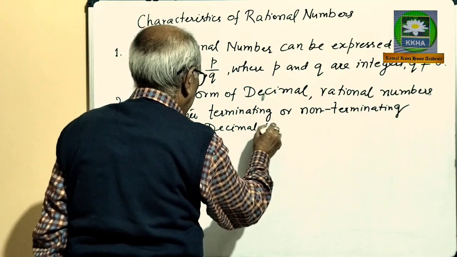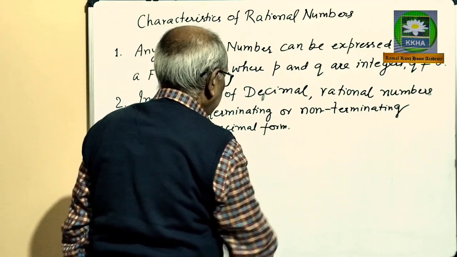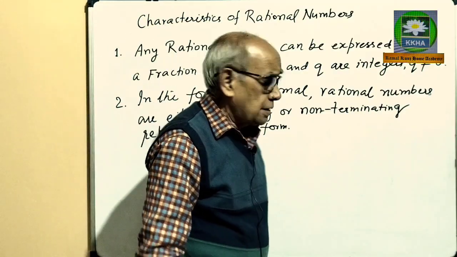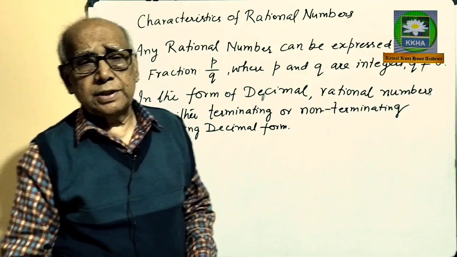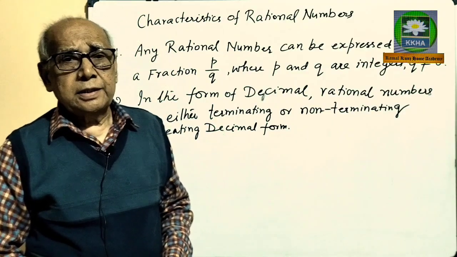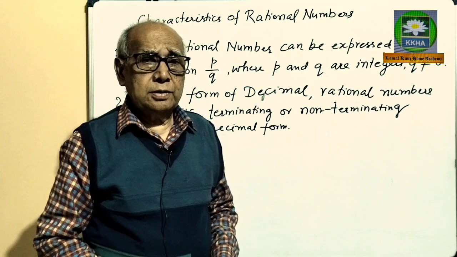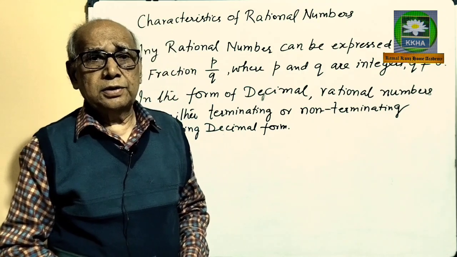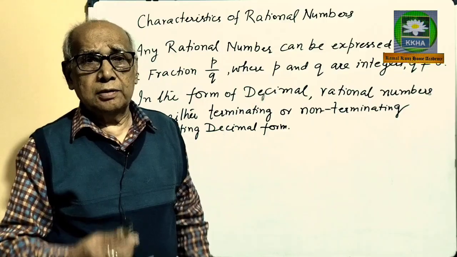So, when rational numbers are expressed in decimal form, they are either terminating decimal or non-terminating repeating decimal, also called recurring decimal.